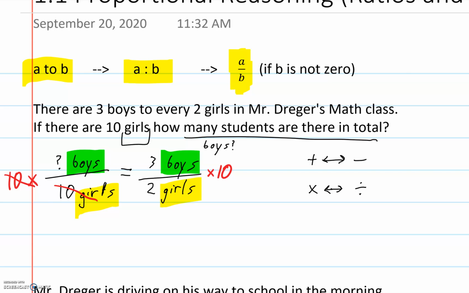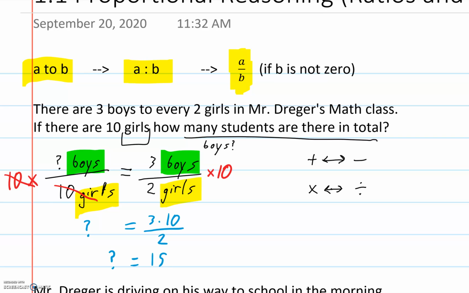Then we'll multiply on the other side. So we are left with 3 times 10, divided by 2, and the question mark is on the other side. So 3 times 10 is 30, divided by 2 is 15.